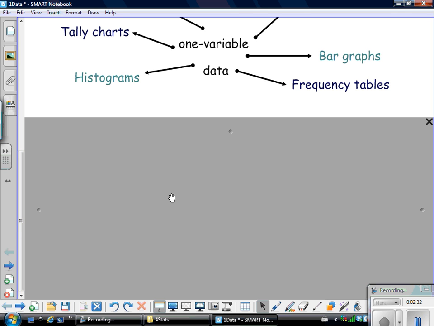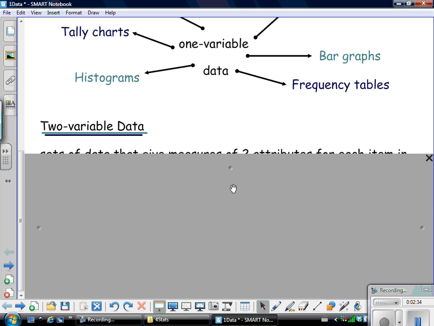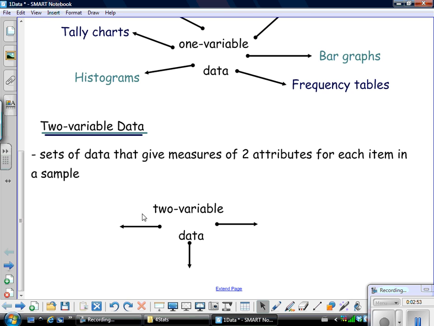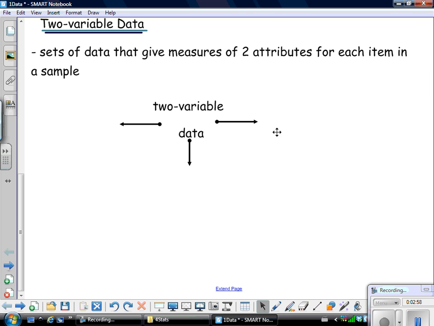Now when we're looking at two variable data, we're looking at data sets that give measures of two variables. In other words, we're looking at two attributes to see if there's a correlation between them. The way that we can tell whether something is two variable data is scatter plots, and you've been doing scatter plots.